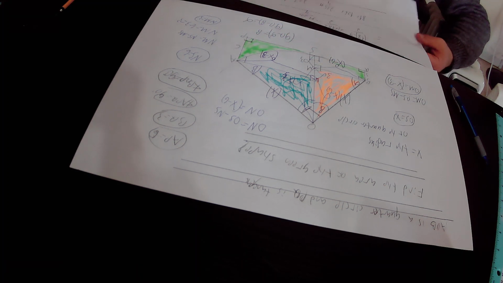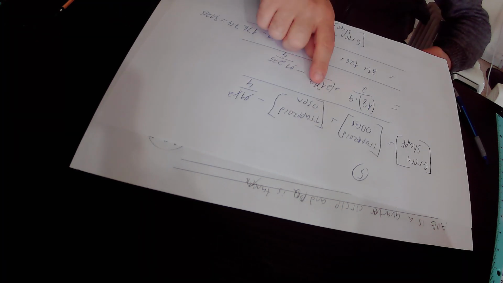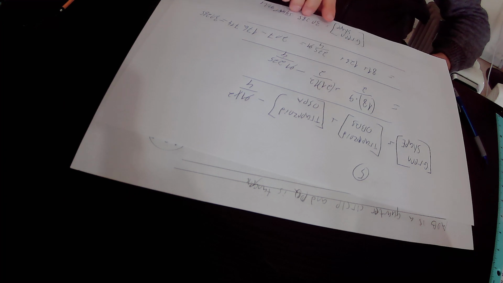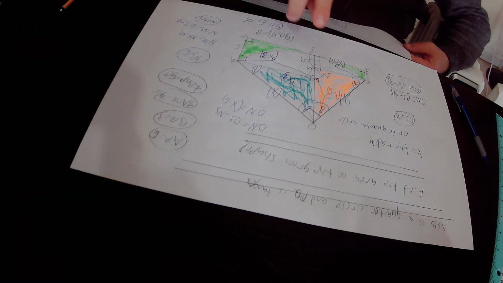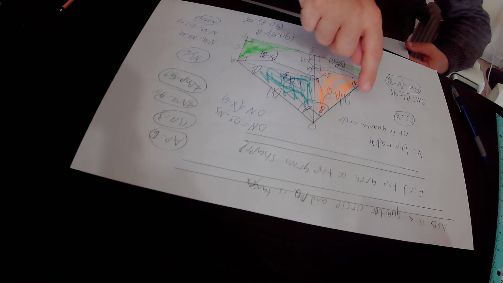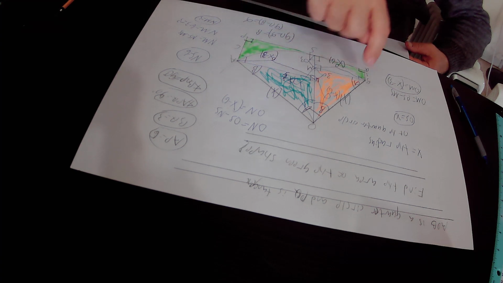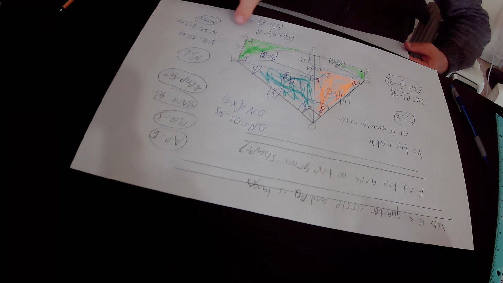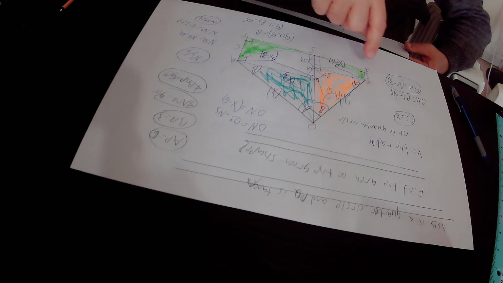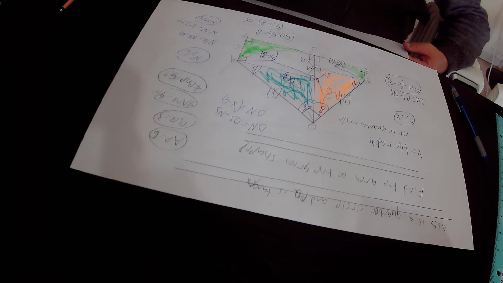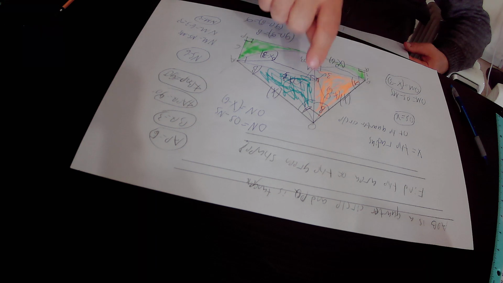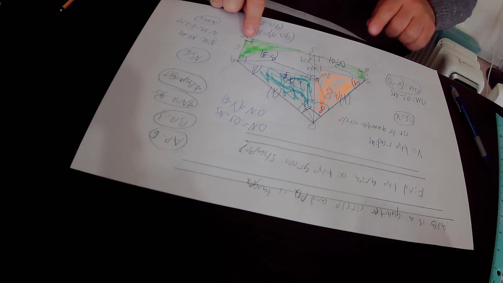The sum of the areas of the two trapezoids will give us in total the area of this shape. So the area of this big shape minus the area of this quarter circle OBA will give us exactly the area of the green shape.